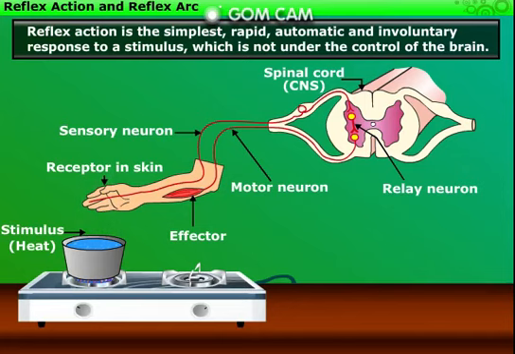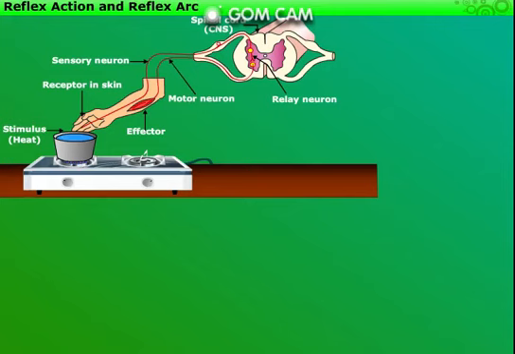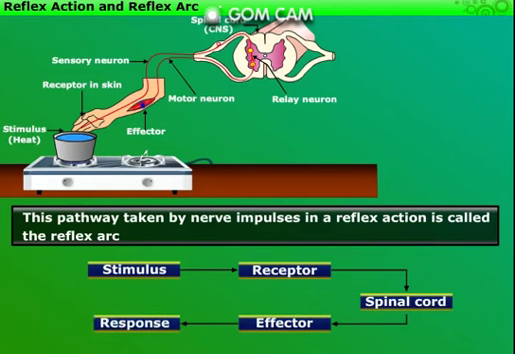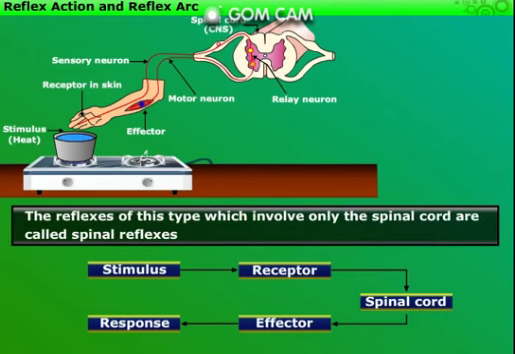In this way, the effector responds to the stimulus. This pathway, taken by nerve impulses in a reflex action, is called the reflex arc. Reflexes of this type, which involve only the spinal cord, are called spinal reflexes.